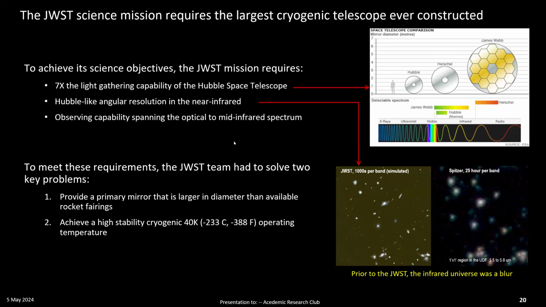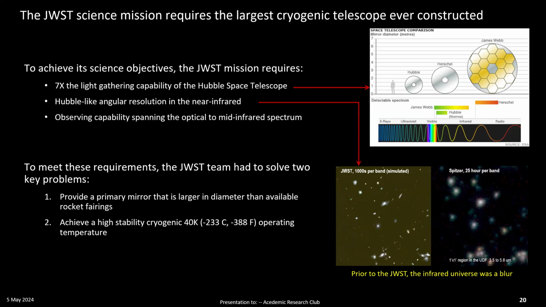To get 7 times the light gathering capacity of the Hubble Space Telescope, we needed a primary mirror that is bigger in diameter than the biggest rocket. And to achieve a telescope that can work in the mid-infrared spectrum, we have to make the telescope very, very cold.